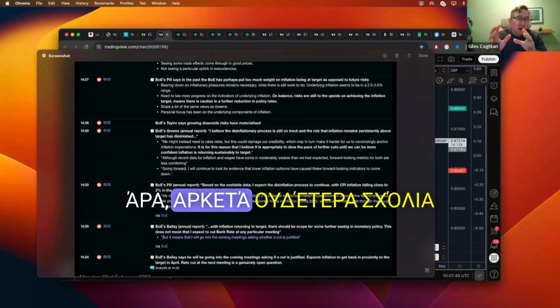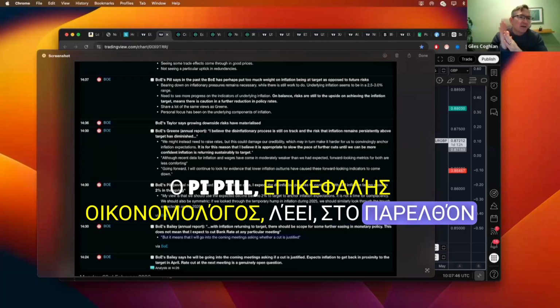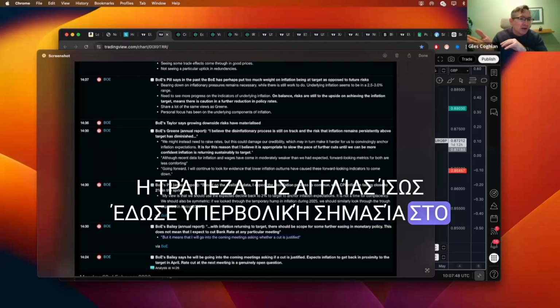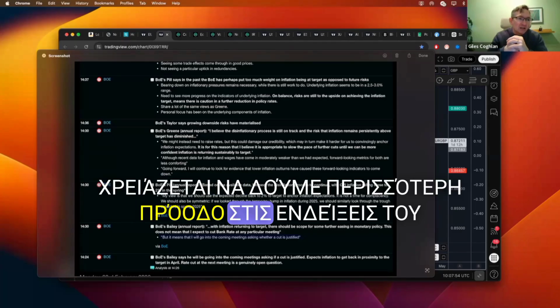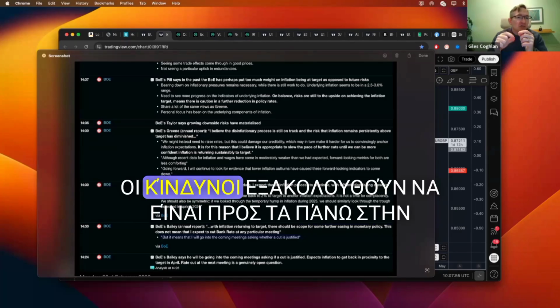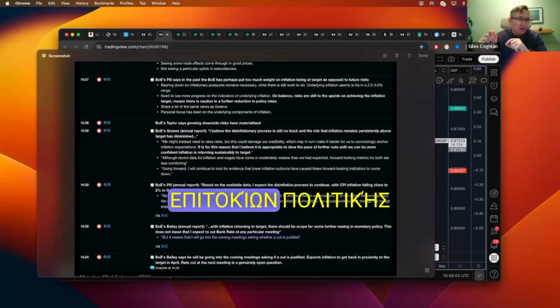So quite neutral comments. What else? Pill, chief economist, says in the past the Bank of England has perhaps put too much weight on inflation being at target as opposed to future risks. Need to see more progress on the indications of underlying inflation. On balance, risks are still to the upside in achieving the inflation target. It means there is caution in a further reduction in policy rates.